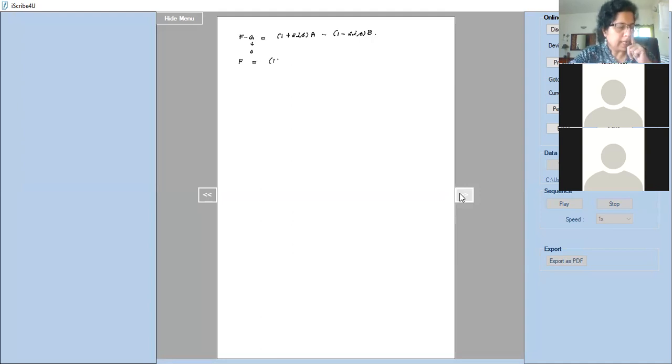I don't know what exactly I have done over here. Just give me a second. So essentially, let me just finish writing this: 2iβ A minus 1 minus 2iβ B. We also, if you remember, the continuity.